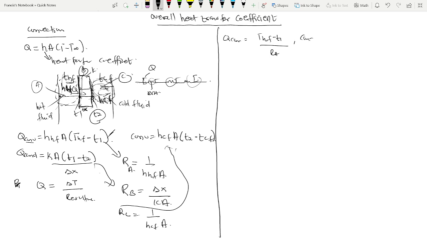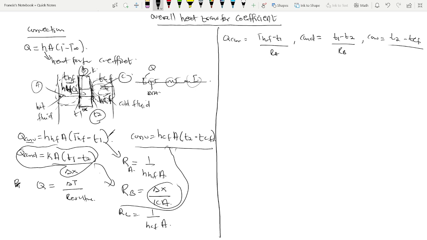And then for conduction, it will be T1 minus T2 all over this thermal resistance RB. And then the other convection will be T2 minus TCF all over RC.